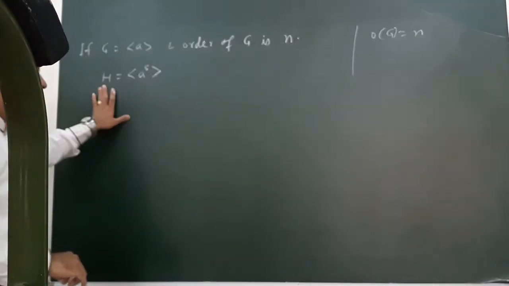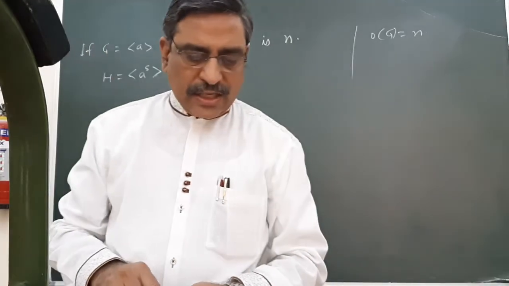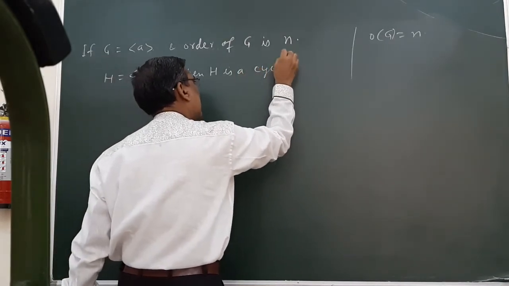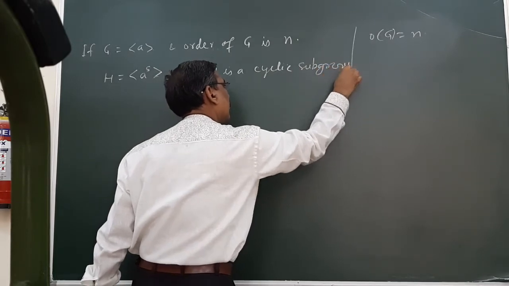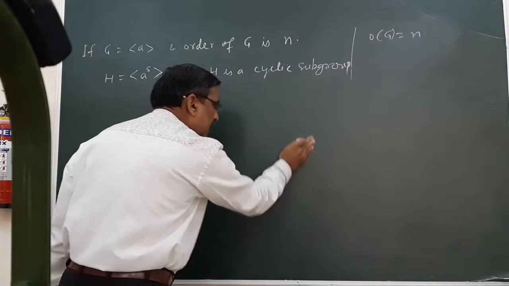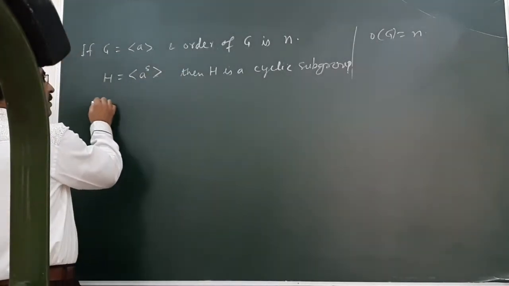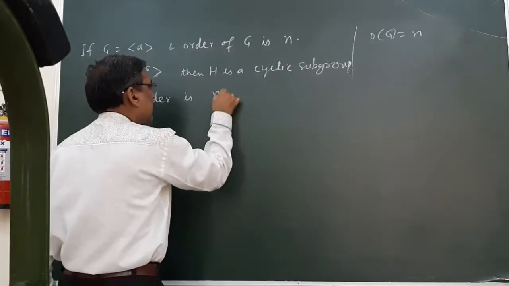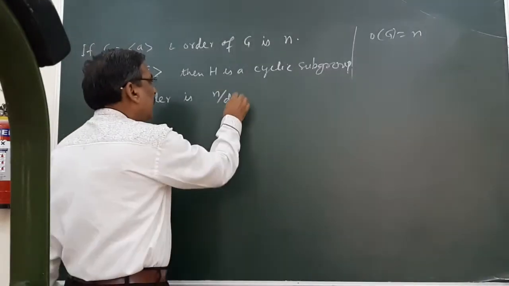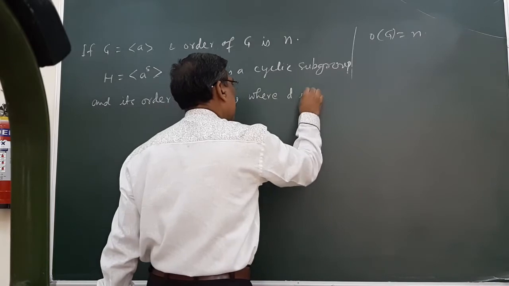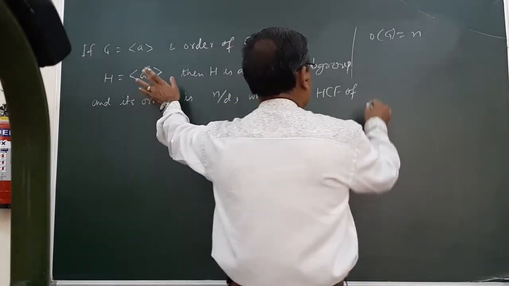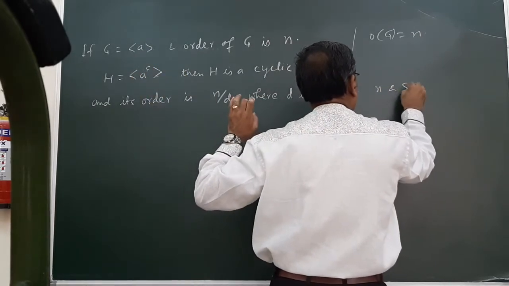And H is a subgroup generated by A^S, then H is a cyclic subgroup of G, and the order of this cyclic subgroup is n by d, where d is the HCF of n and S. This is the theorem.